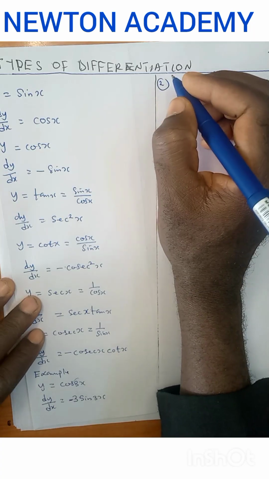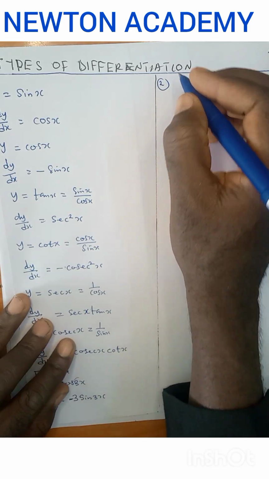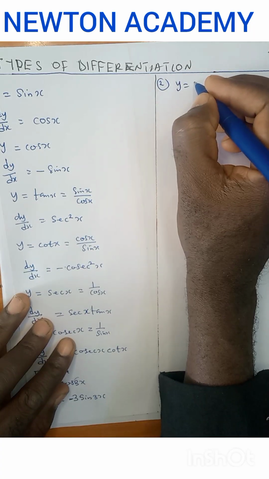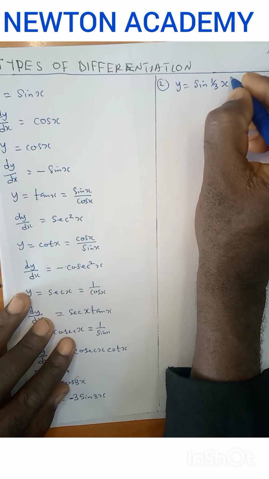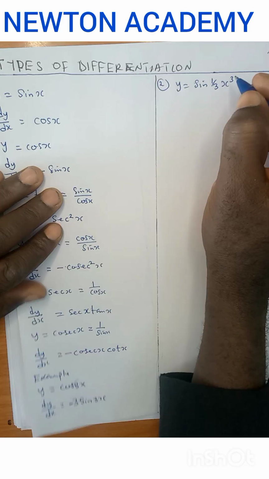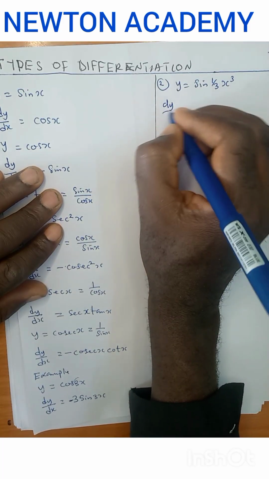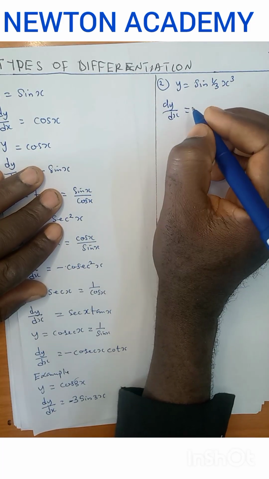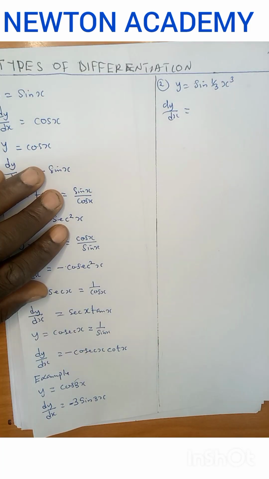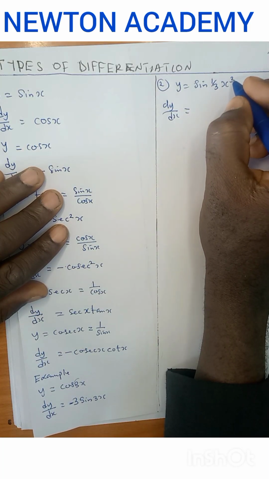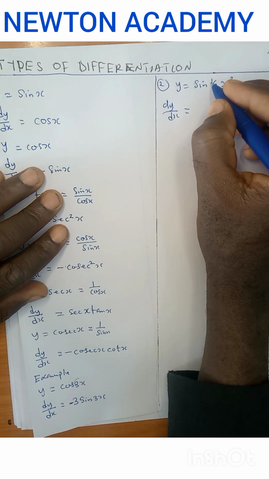Number 2 here. Let us take a look at this one. If you are given y is equal to, say, sine of 1 over 3x cubed. To differentiate this, we have dy/dx is equal to, what you do is you differentiate 1 over 3x cubed. You know that when you are differentiating, you bring the power down to multiply whatever is here.